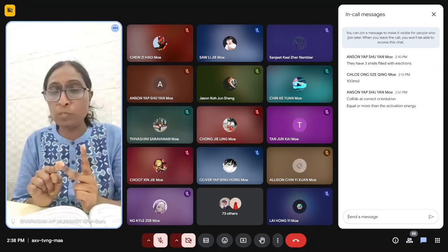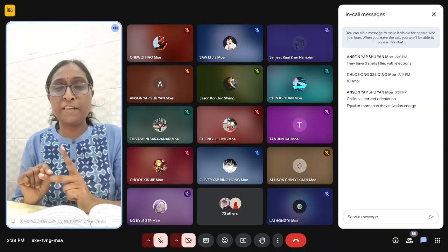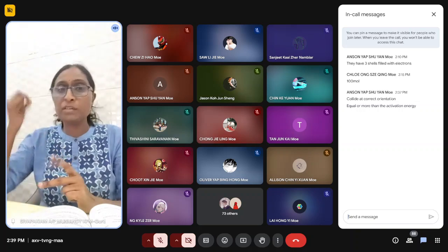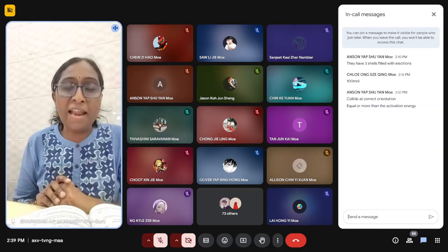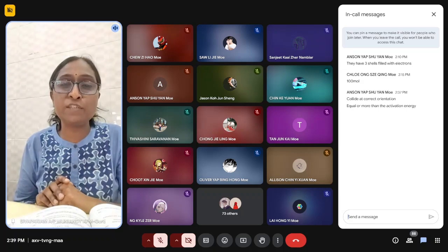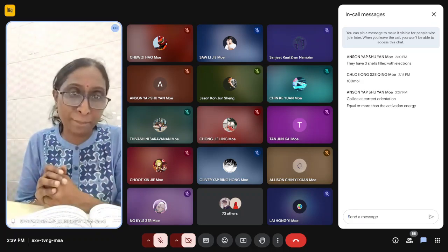Point 3. What does it do? The presence of copper(II) sulfate solution in set 2 will create an alternative pathway which has lower activation energy in set 2 than in set 1.